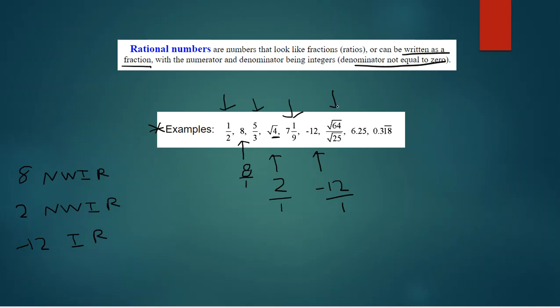This one right here looks kind of tricky: square root of 64 over square root of 25. Well, not really. The square root of 64 is just 8, and the square root of 25 is 5, because 8 multiplied by itself gets you to 64, and 5 multiplied by itself gets you to 25. So 8/5 would be classified as a rational number. The next one, 6.25.